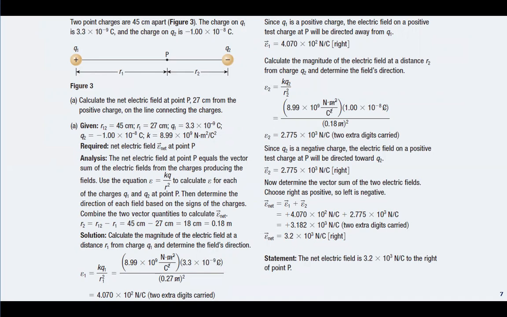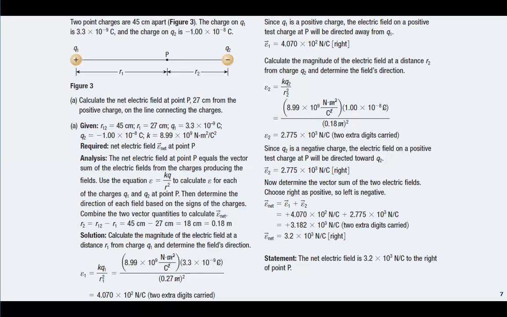So we can use the equation for the electric field strength, epsilon equals kq over r squared, to calculate the electric field strength from each of the charges Q1 and Q2 at point P. Then determine the direction of each field based on the signs of the charges. Then combine the two vectors to calculate the net electric field.